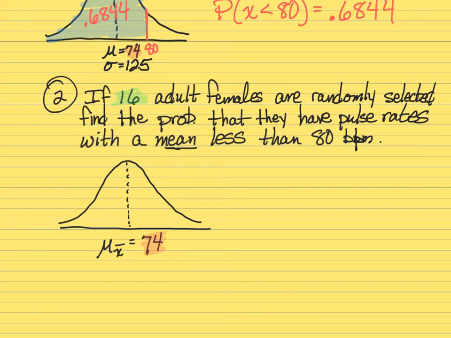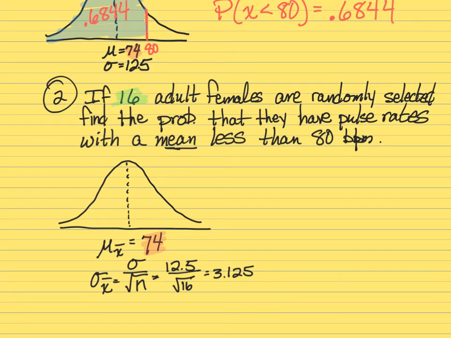But the standard deviation of the means, or the standard error, is the standard deviation of the population divided by the square root of n. So in this case, it'd be 12.5 divided by the square root of 16, which is 4, so 3.125, all right? So that's going to be the standard deviation for that distribution.